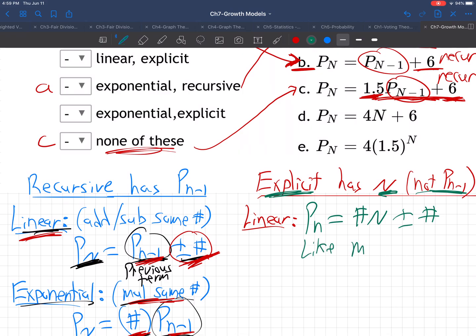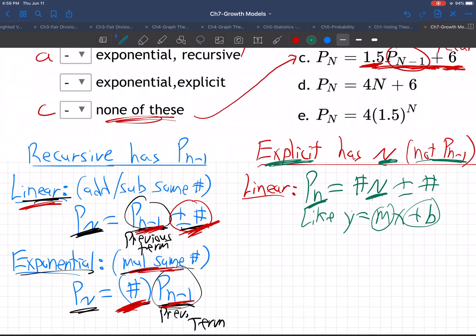You remember the equation from algebra, y equals mx plus b. It's like that, but we're talking with p sub n and n. They're like the y and the x. So there's a number here and a number there. So a linear equation has a number multiplied by n plus or minus a number, whereas down here we can say an exponential.